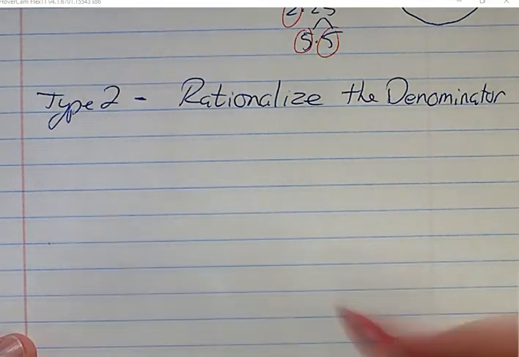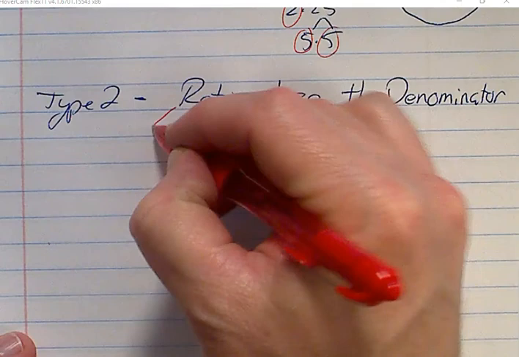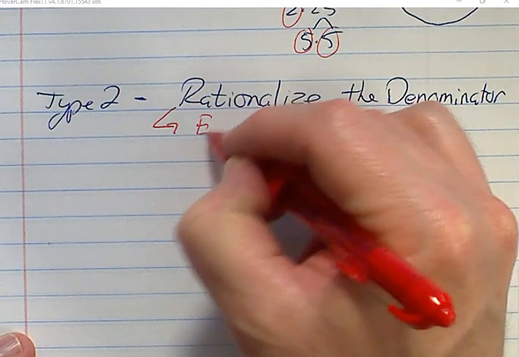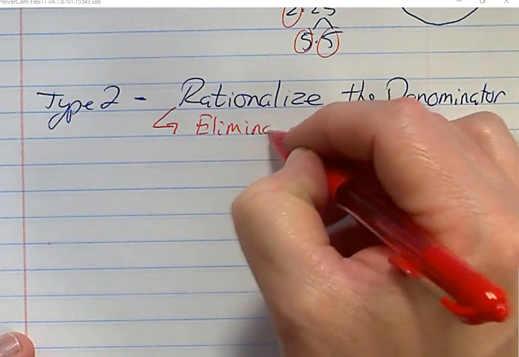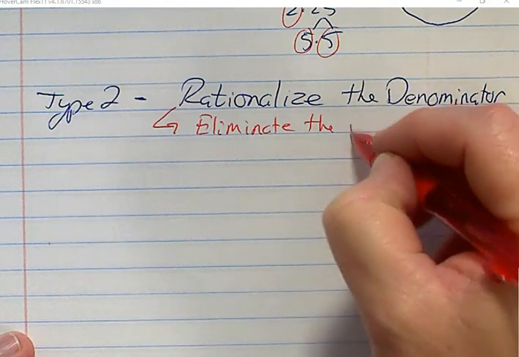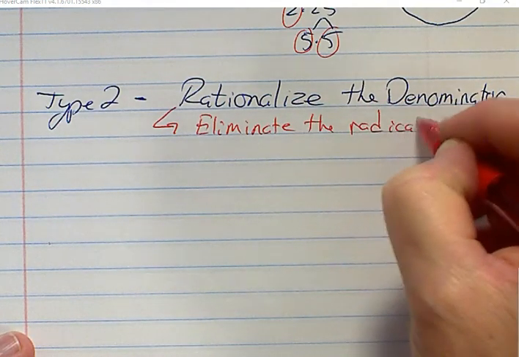And what rationalize means in this case is that you just have to eliminate the radical from the denominator.